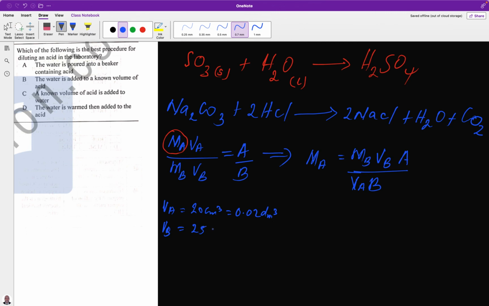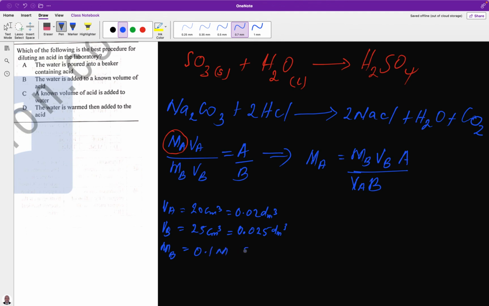If we divide it by 1,000 into dm cube, we'll have 0.025 dm cube. Now, the molarity of the base is Mb.